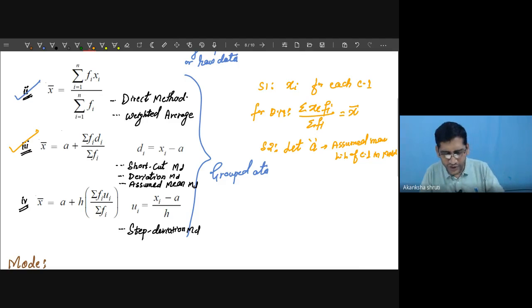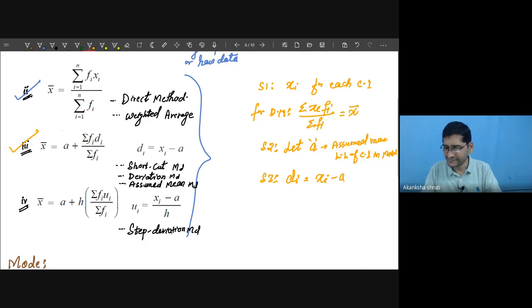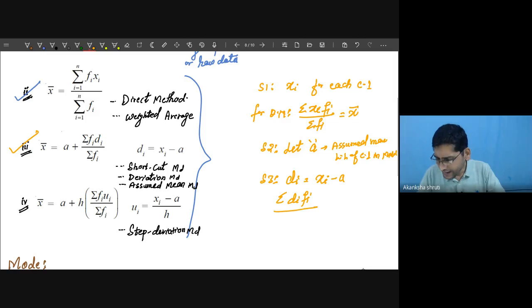The third step that you need to do, write down step number 3: you have to calculate the deviation di for each class interval by taking the difference of xi from this A. Now you have to multiply this di with fi in one column, add them, then divide by the summation of fi, the total number of observations.